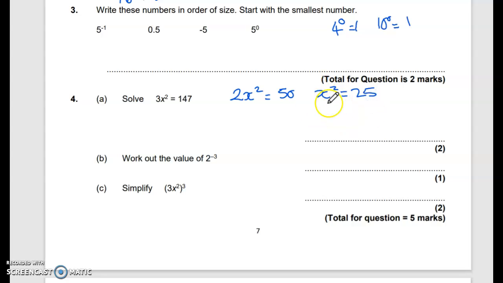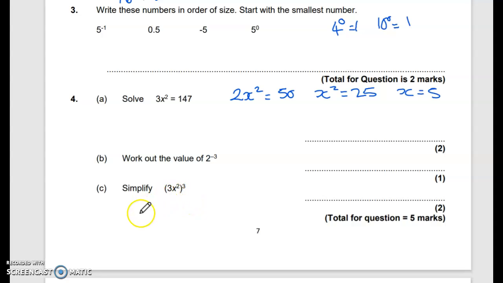So what number do I times by itself to give me 25? Well, that's 5. Let me talk you through that again. You divide the number on the other side, 50, by the number in front of the x squared, and then you say, I've got to square root this. So what number squared gives me 25, or what is the square root of 25? Okay, this is another negative one. Right, so you can have a go at that.